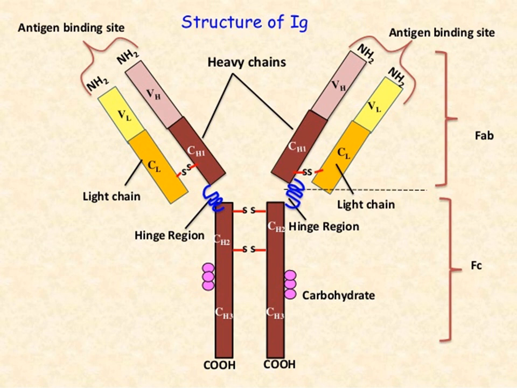The answer is that the constant domain of the light chain performs no biological function. So this is an important MCQ. The constant region of the light chain performs no biological function, while the second constant domain of the heavy chain serves as a site for complement binding and activation.